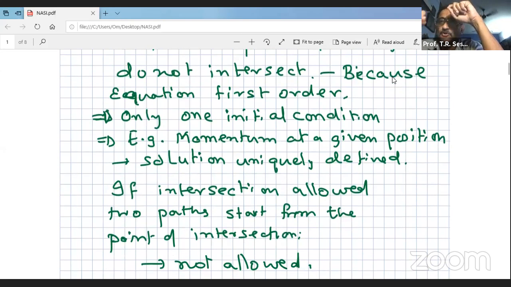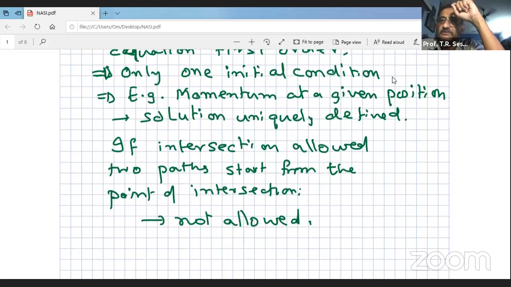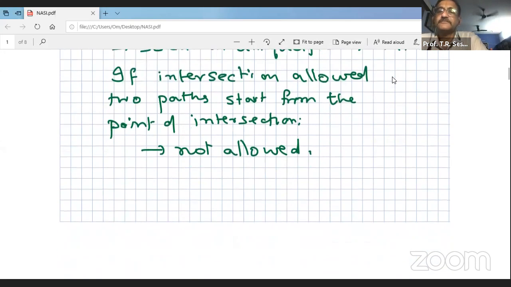But as we know, since it's a first order equation, once I have given a certain momentum at a certain position, which identifies a point in phase space, only one solution can emanate from there. So the phase space trajectories of a particle cannot intersect themselves. Okay, next.